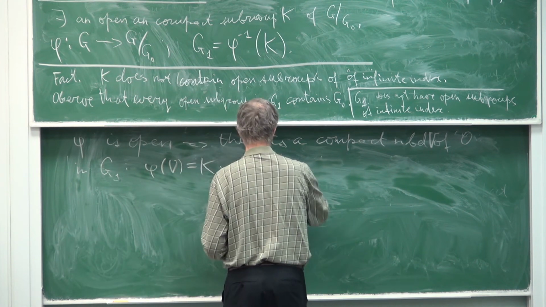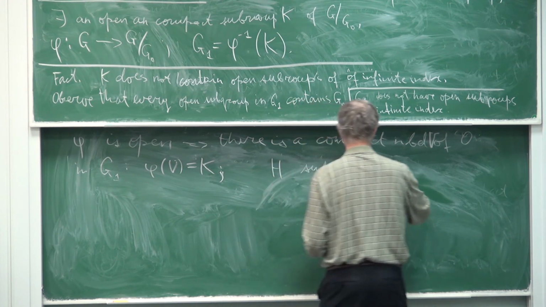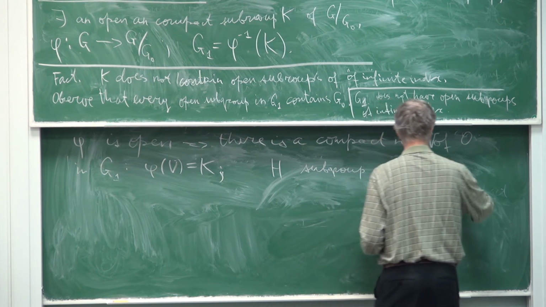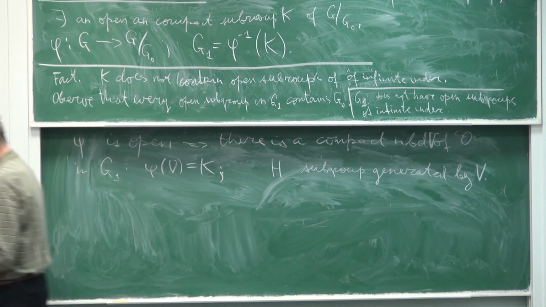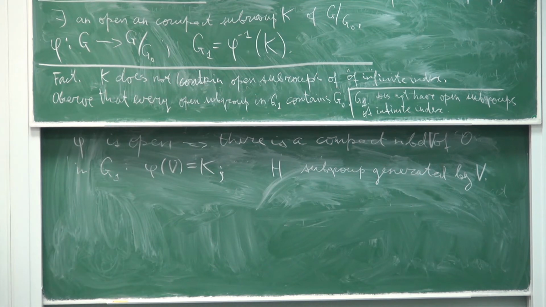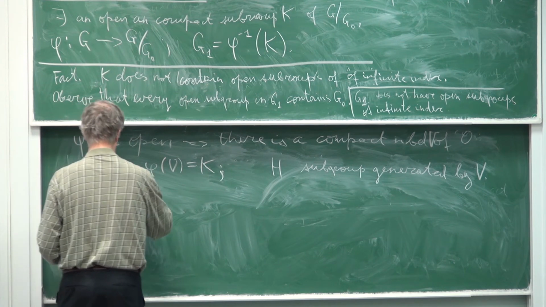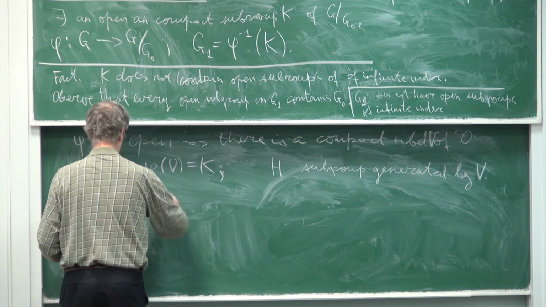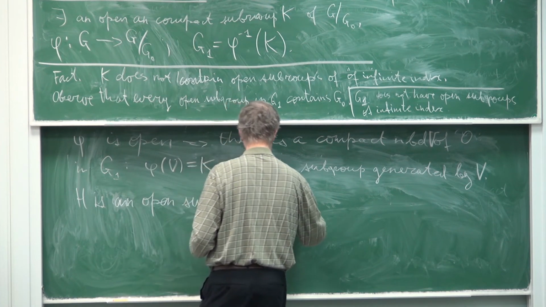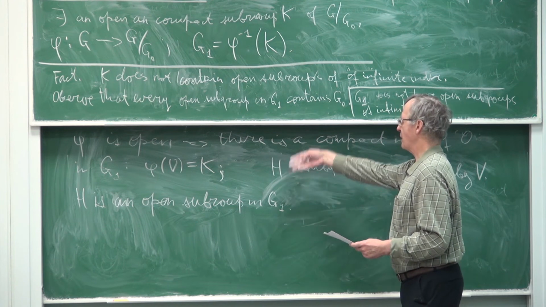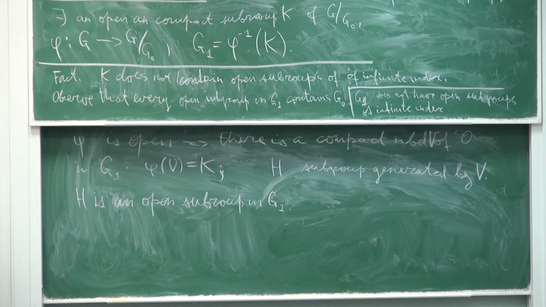Now let H be the subgroup generated by V. This is an open subgroup in G1, because everything lies in G1, and H is open because it is generated by some open neighborhood of 0.